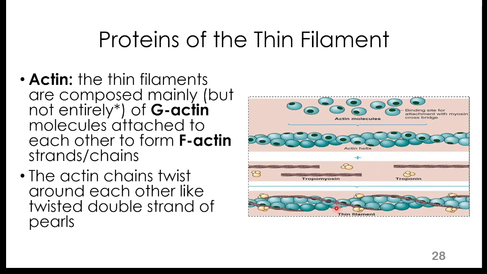But we can see that when contraction is not happening, tropomyosin, which is this dark brown strand, covers those actin binding sites. So when contraction is not happening, the myosin binding sites on the actin molecules are covered by tropomyosin. Okay.